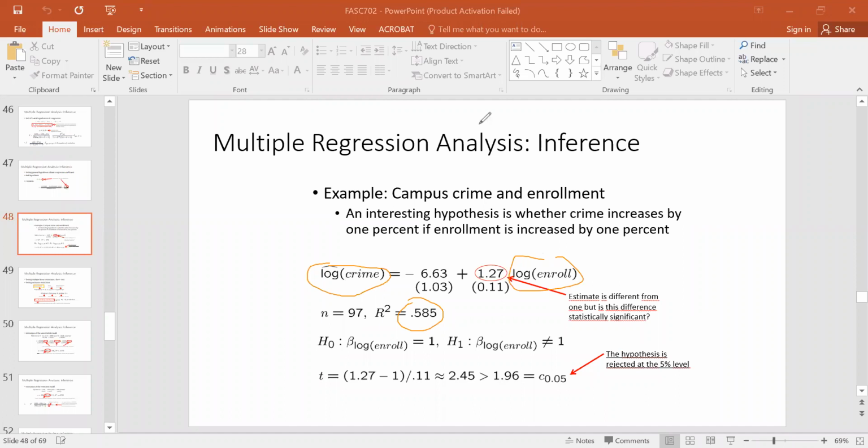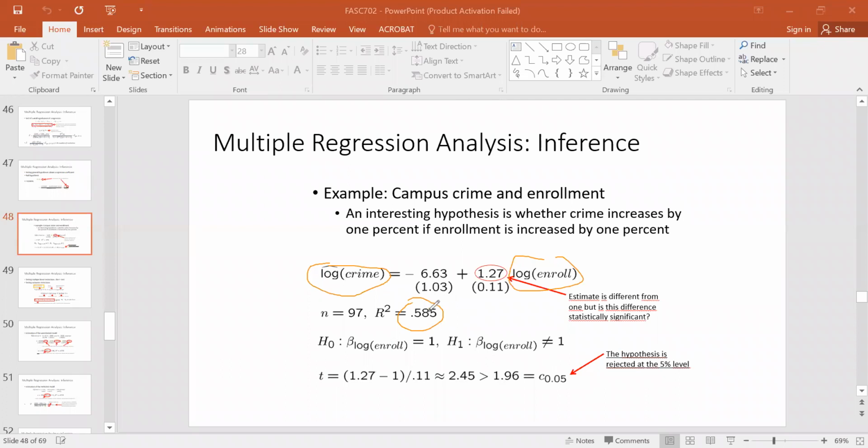In other words, if enrollment goes up by 1%, there will be a 1.27 percentage point increase in crime on campus. So this R square tells us 58.5% of the differences in crime we observe on campus can be explained by enrollment numbers. That's the idea of the R square.